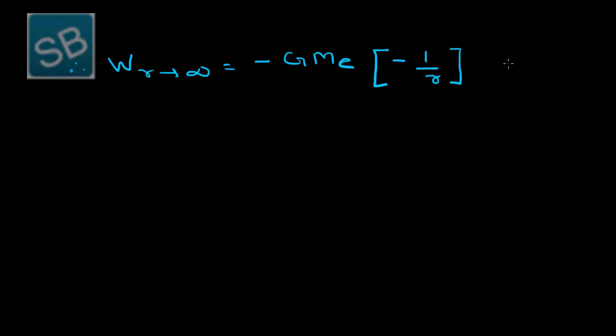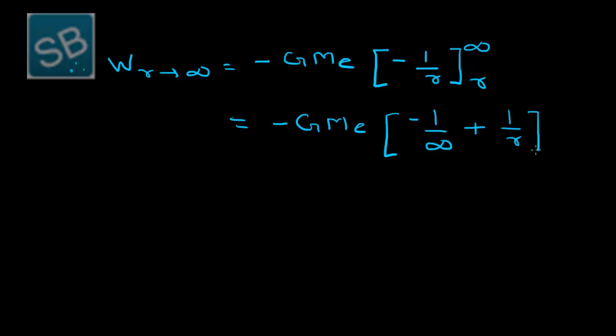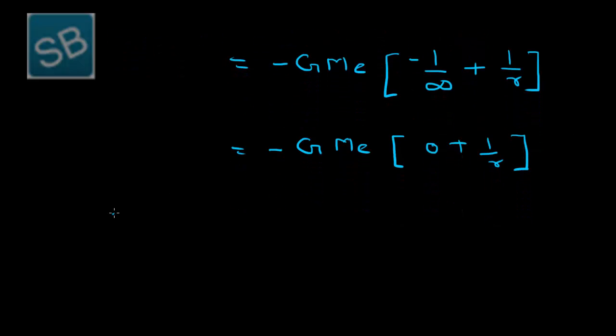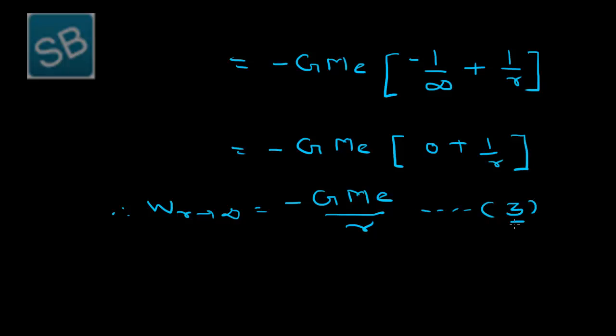But the minus sign will come, from r to infinity. That is equal to minus GMe into upper limit minus 1 over infinity plus 1 over r. And we know the value of 1 over infinity is 0, plus 1 over r. And so our equation for the total work done to bring the object from infinite distance to a given point is minus GMe divided by r, and that is my result number 3.